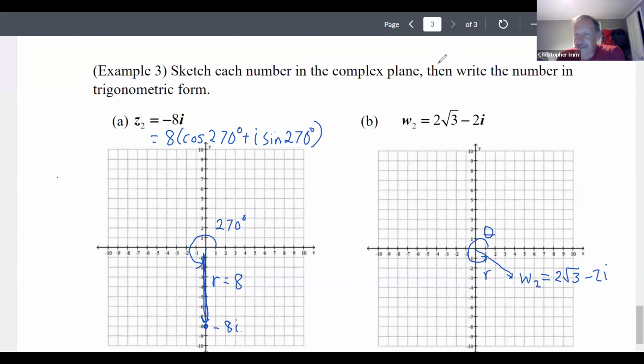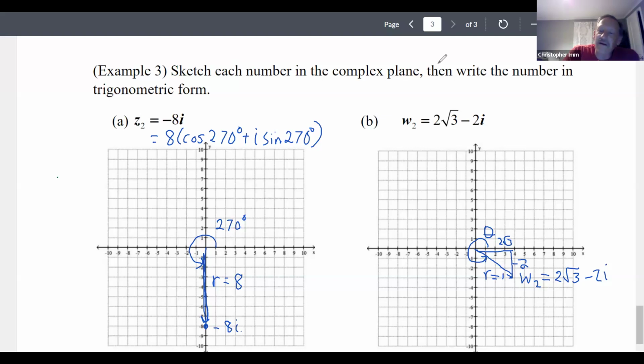This actually is going to be one of those nice triangles. So I know that if I go over 2 root 3, and if I go down 2, that this is actually in a ratio of 1 times 2 and root 3 times 2. So the r would be the small side, negative 2, times 2.